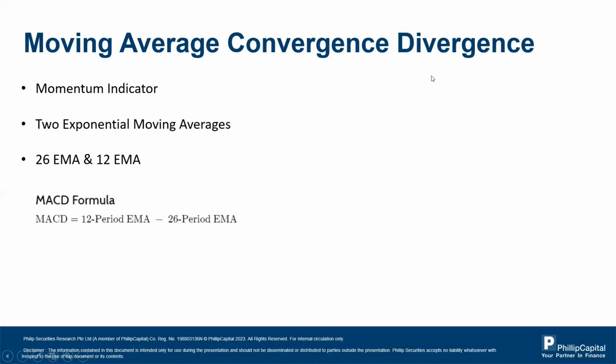So next one is MACD. MACD is the short form of moving average convergence divergence. Same thing, it is a momentum indicator, a price oscillator. Basically you put two EMAs together and they run: the 26 EMA and the 12 EMA are the EMAs put in the MACD.